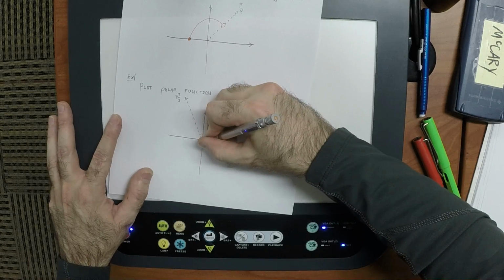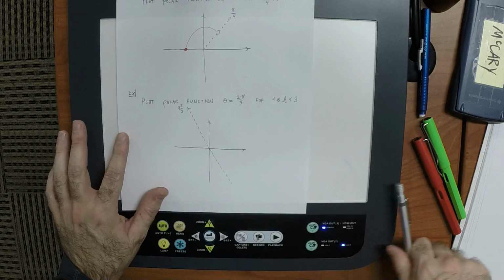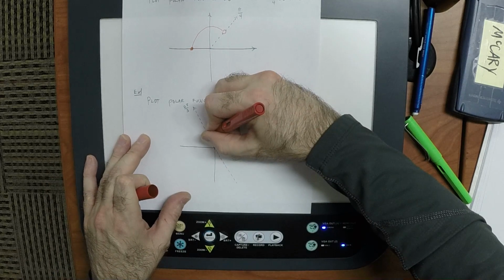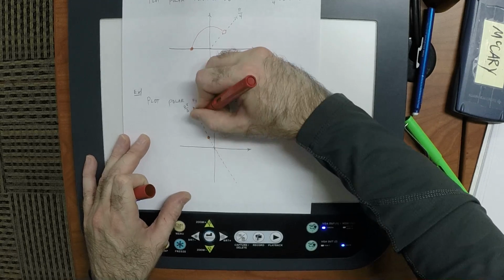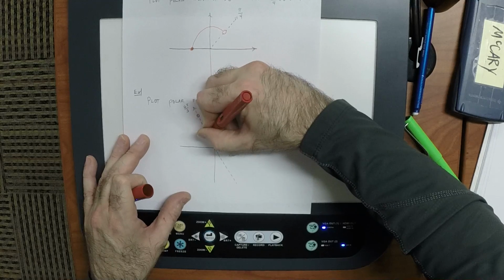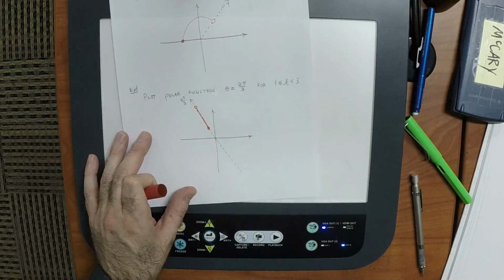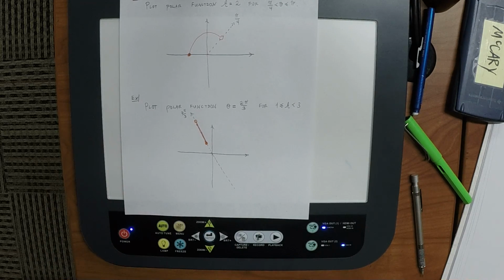In fact, this line. But because we've just selected that interval of r's, it's going to be something like this. So closed at 1, open at 3, something like that. Interesting. Any question about this one?